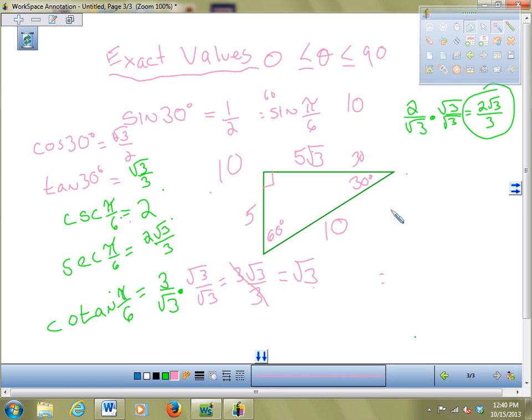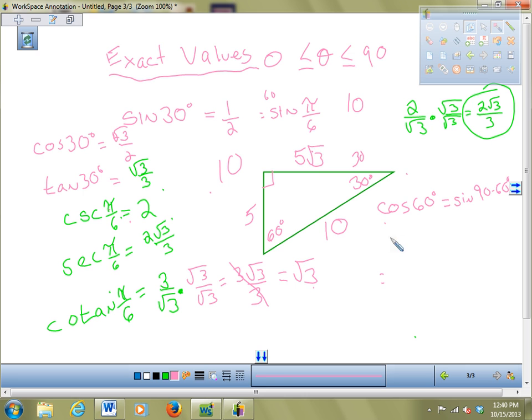Now the cofunctions are the functions that you get if I were at the other angle instead. So the cosine of 60 degrees is the same as the sine of 90 minus 60 degrees.